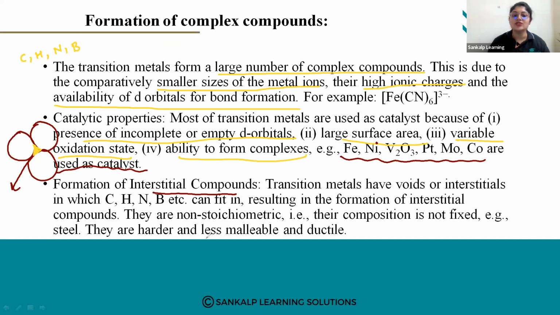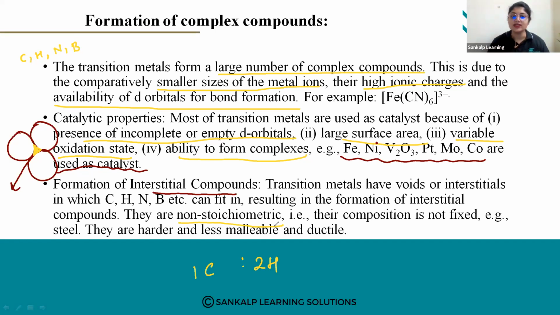These are called non-stoichiometric, as the composition is not fixed. You cannot say that in that particular void only one carbon has fit, or one hydrogen has fit. It can be 1.5, 1.8. It will be non-stoichiometric. Stoichiometric means the ratio is fixed, that is, only one carbon has fit, or two hydrogens fit into that space.